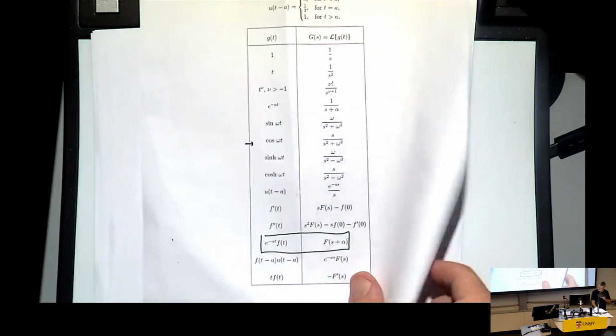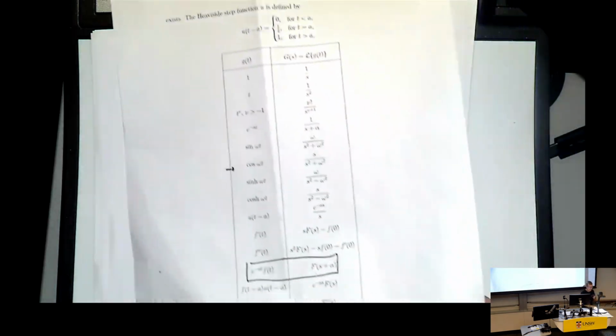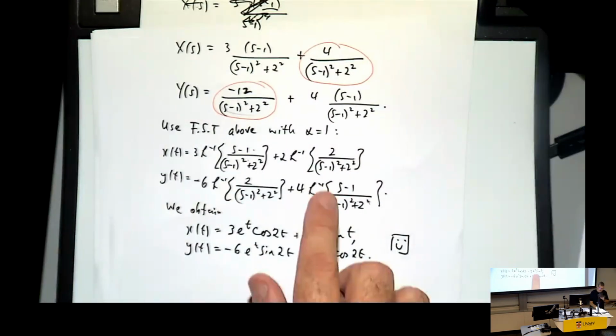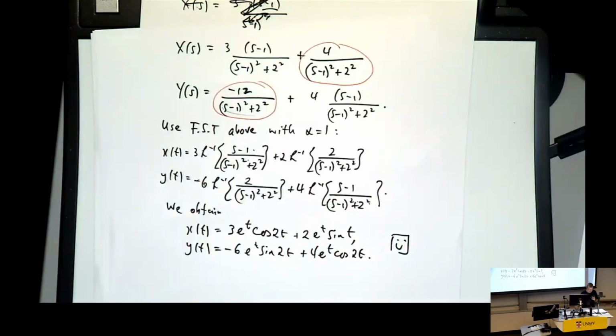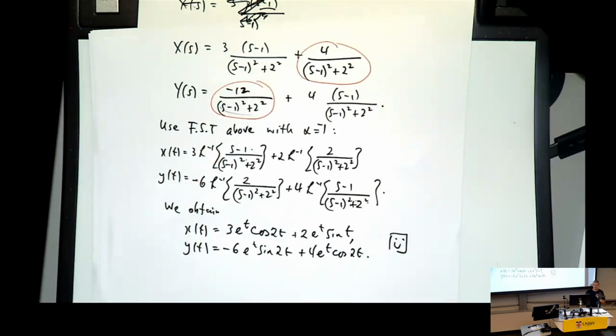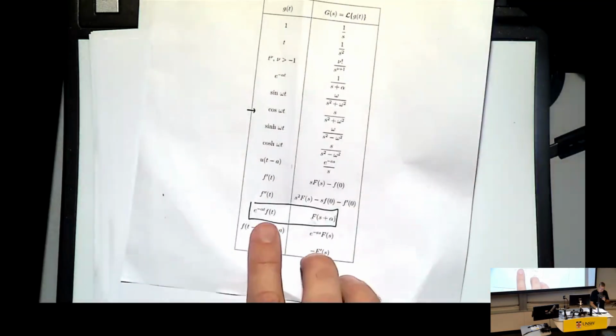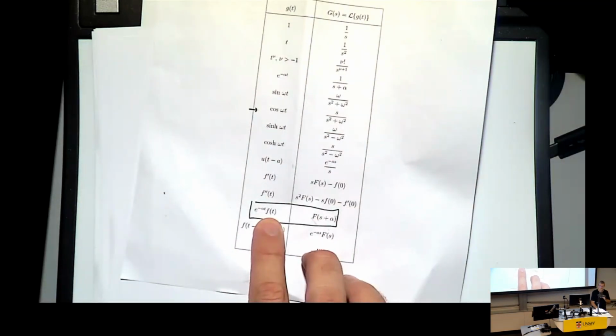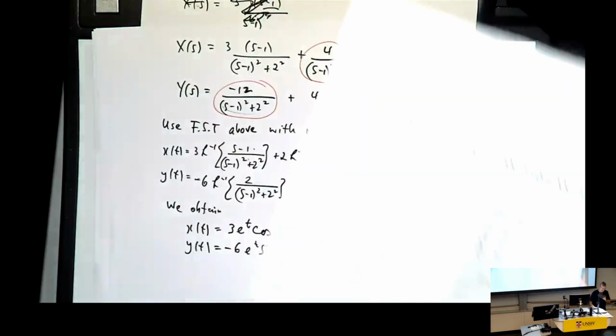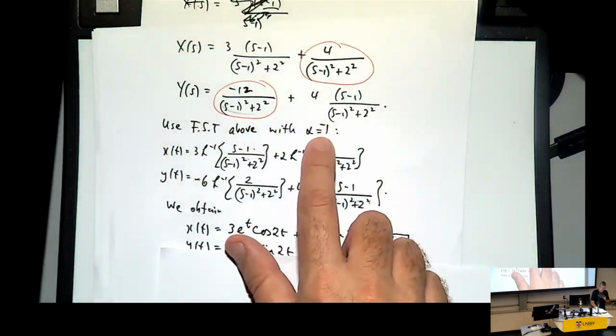So in this case, alpha is, oh, alpha's negative 1. Is that what you're worried about? No, because see how there's no shift? It's just t. Yes, but alpha equals negative 1, not positive 1. So you found another mistake.